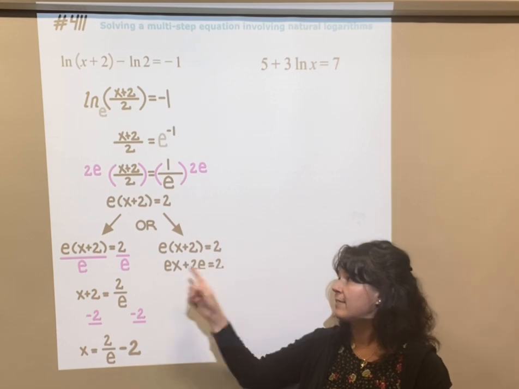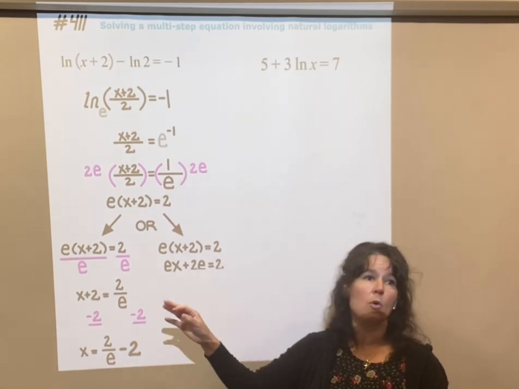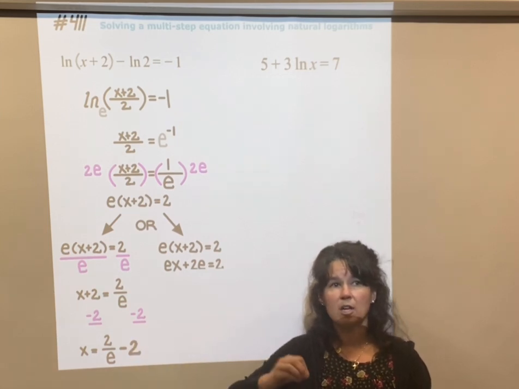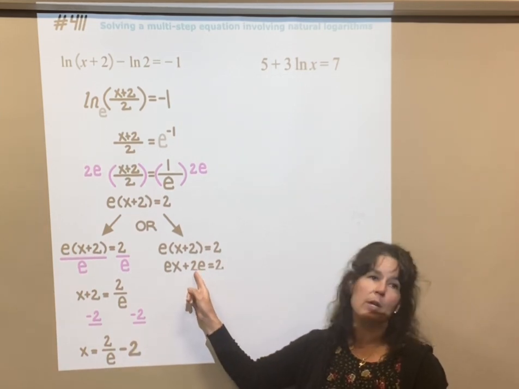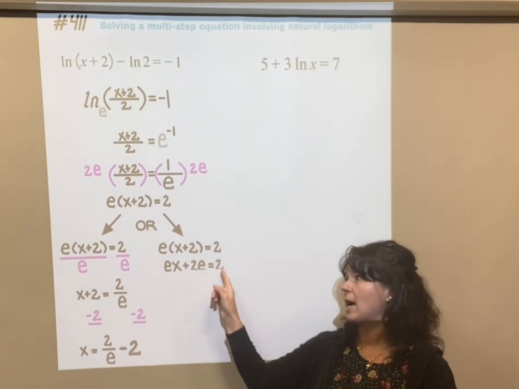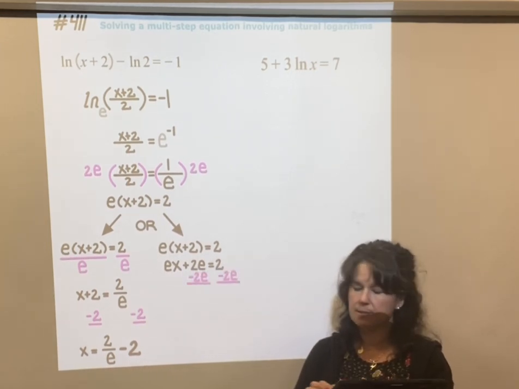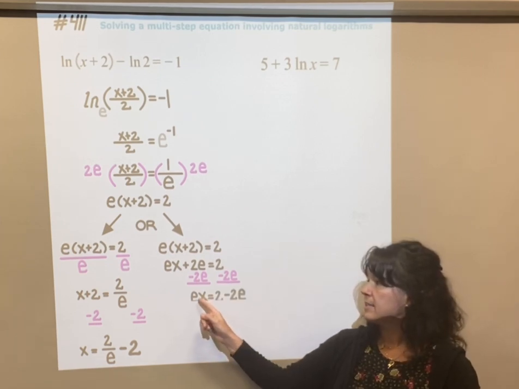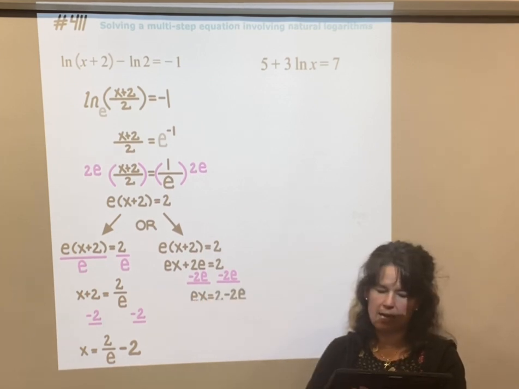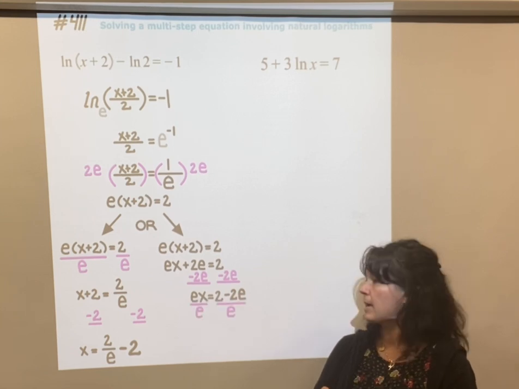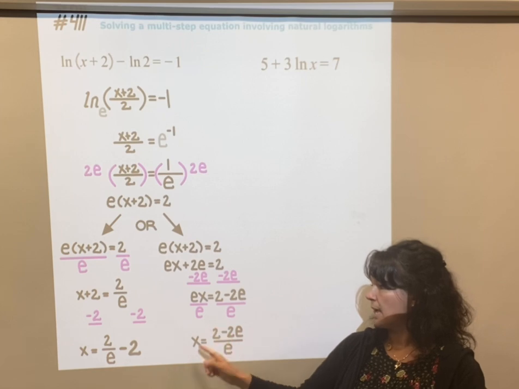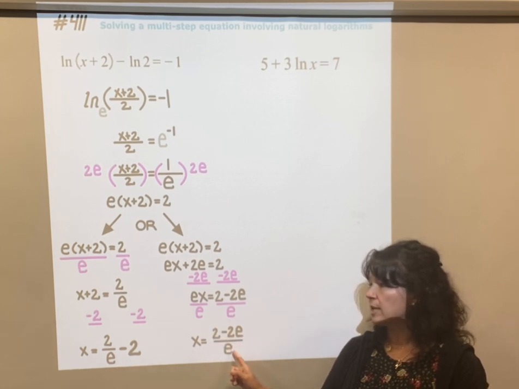I'm still trying to get the x by itself, so terms with x in it on one side, terms without x on the other. So I'm going to get rid of the 2e by subtracting 2e from both sides. And then to get rid of multiply by e, I would divide both sides by e. And I end up with x equals 2 minus 2e over e.